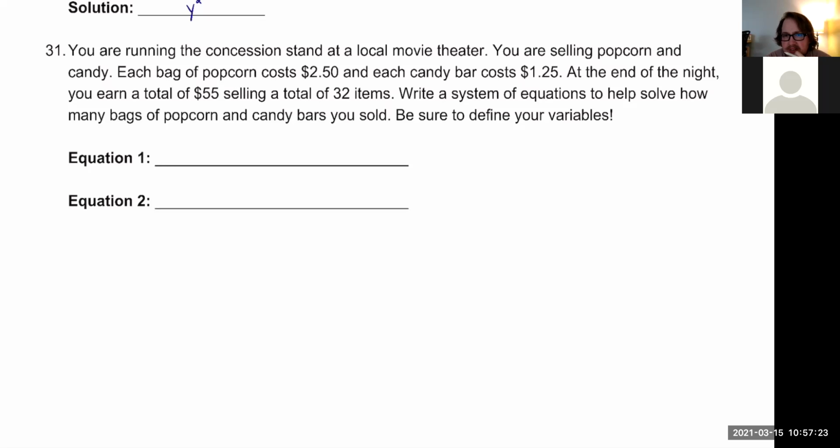So what do you notice about the values we were given? Do they have anything in common? I'll give you a clue. These three values have something in common.